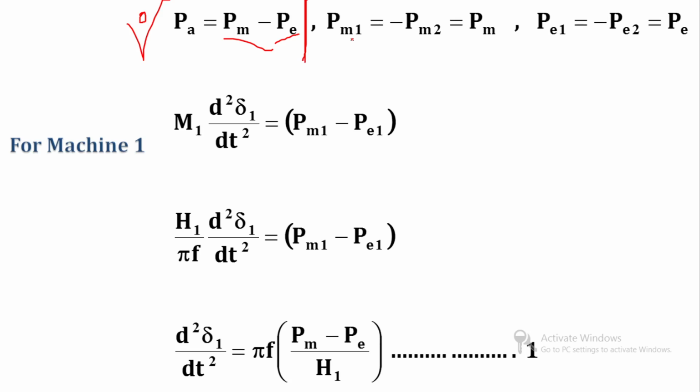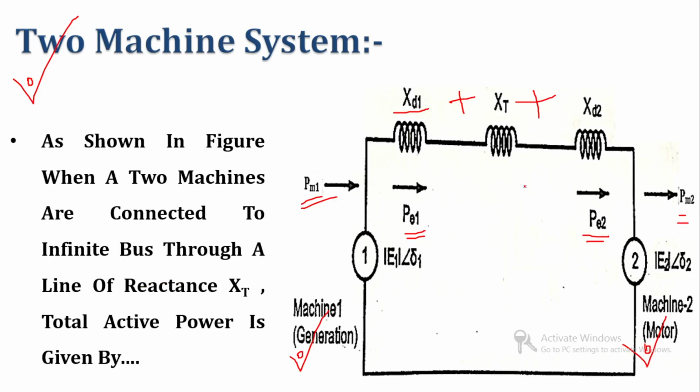Now please make a note that we have considered a lossless system. So each and every power is equal to the others. That means the mechanical power input to the generator is equal to the mechanical power output of the motor. Clear?